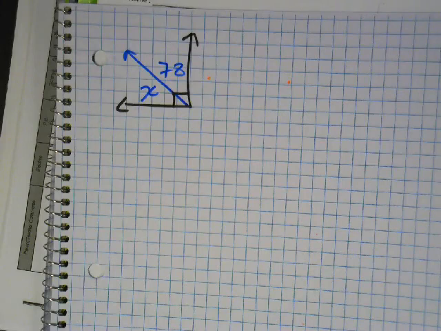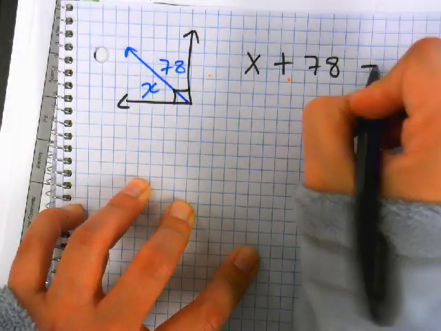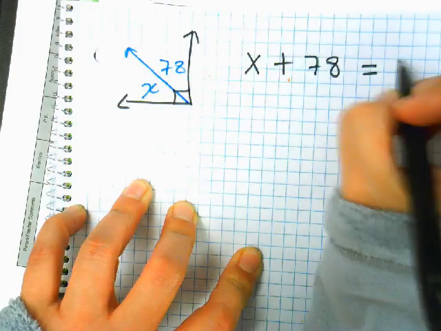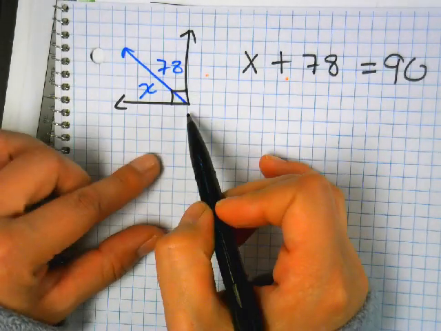So these two angles add up to 90 degrees. Now I want to know, what is that missing angle? So I'm going to write an equation just like my previous example. So I'm going to write down x plus 78 is equal to what? 90. Why is it 90? Because this looks like an L. And L's are 90 degrees.